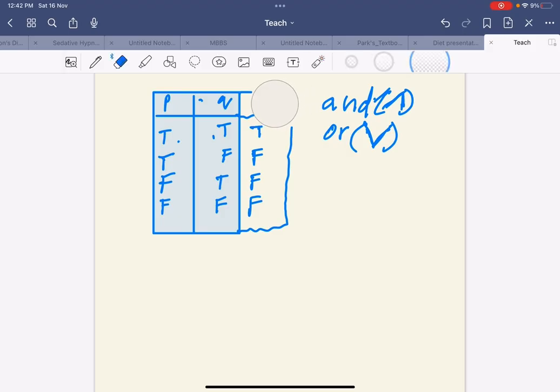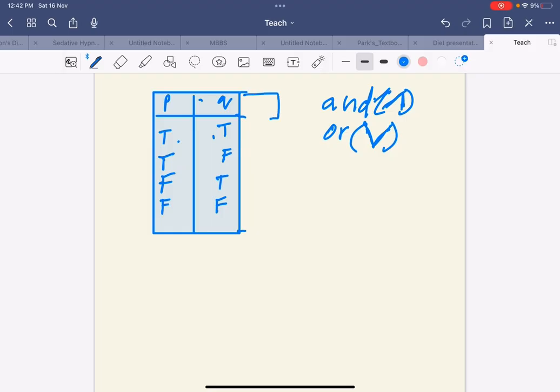Next, let's do disjunction. I hope you already know what disjunction means. It means or, and dis means negative. So if you do dis negative, it's down.